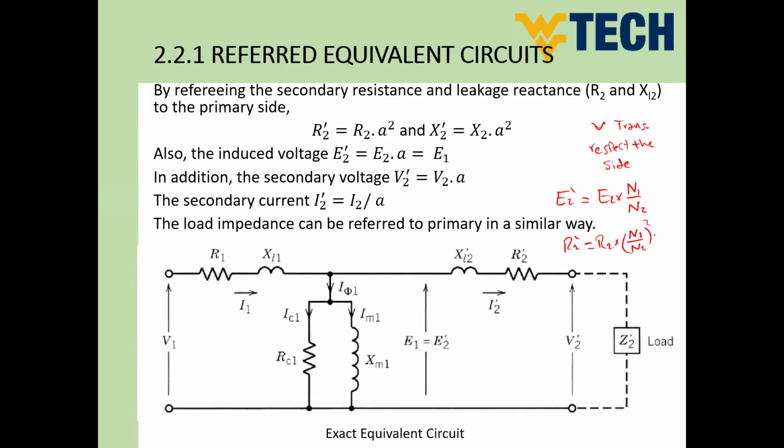So N1 divide N2 is A square. So we can say R2 prime equals R2 times A square. And similarly, X2 prime equals X2 times A square.